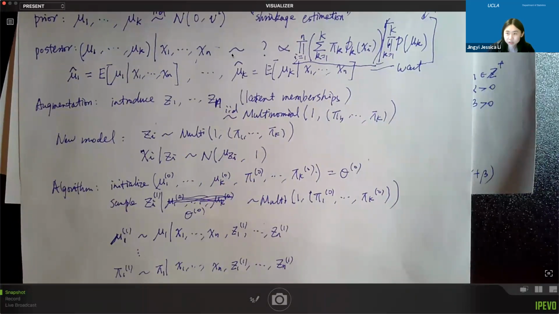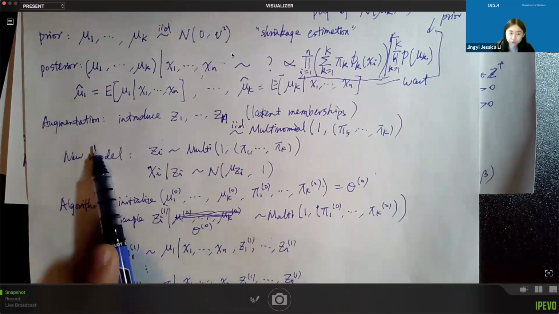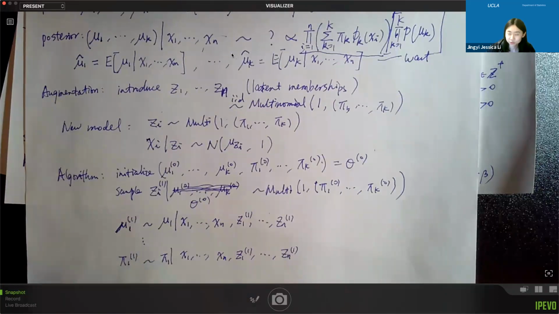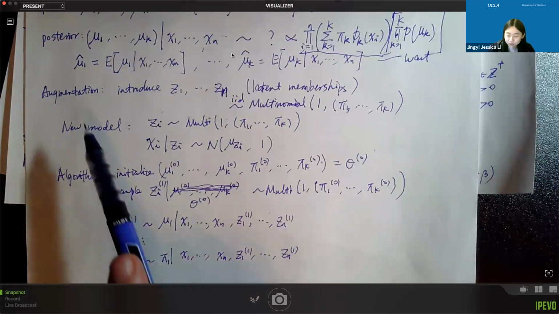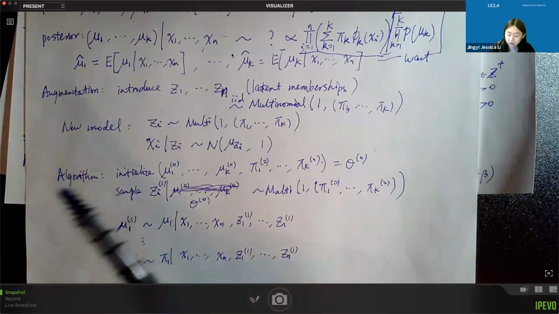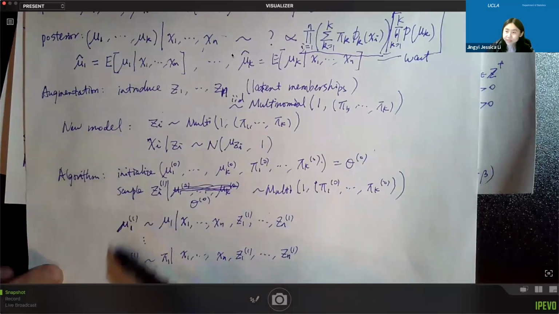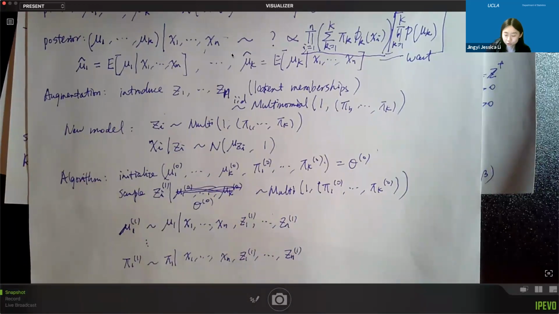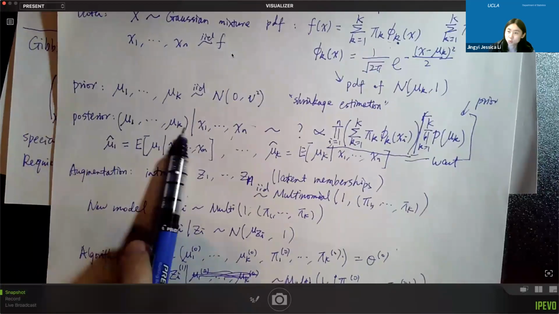There was a theoretical paper in the 1980s proving that using data augmentation, by introducing latent variables to be sampled together with parameters, will not change the distribution of the parameter value sampled. In other words, if you just keep the parameter values, they still follow the original posterior you want to sample from.